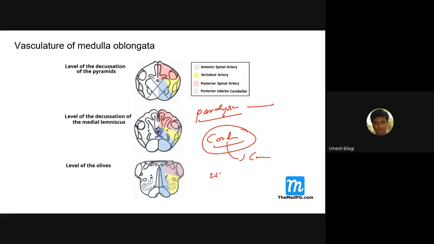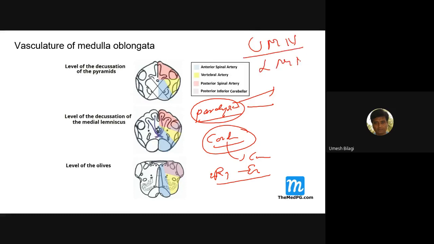Then there could be rigidity, which is extrapyramidal. I'll come to the extrapyramidal problem. Paralysis or weakness could be upper motor neuron or lower motor neuron. Now, these upper motor neurons are nothing but pyramidal tracts.